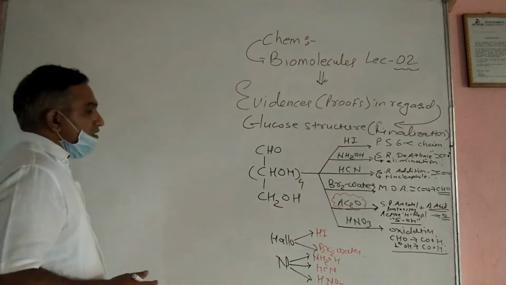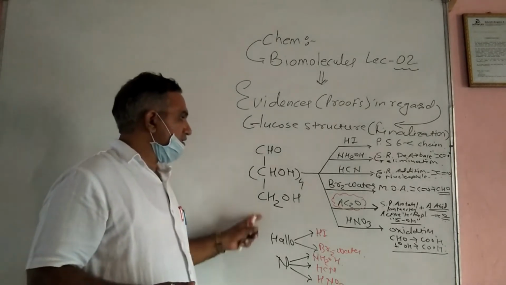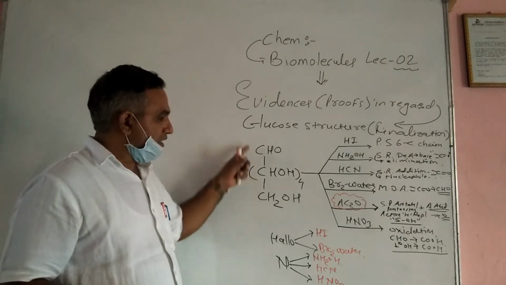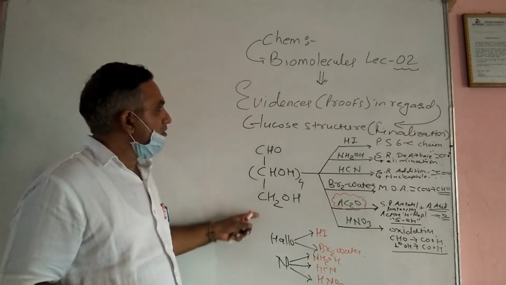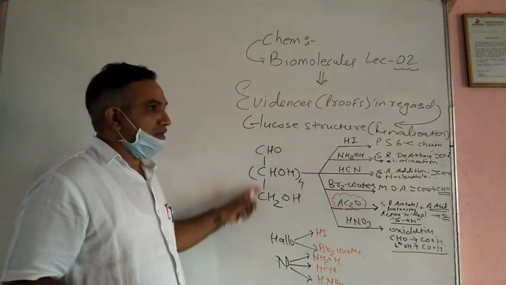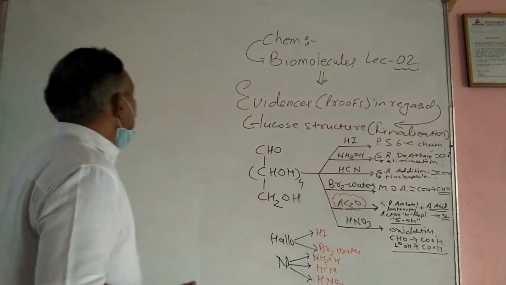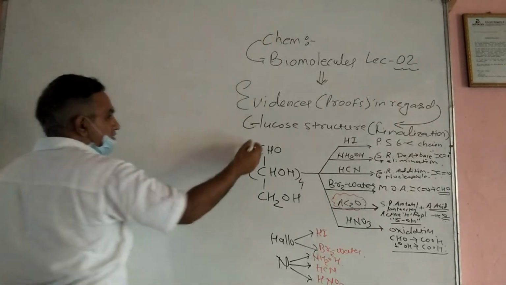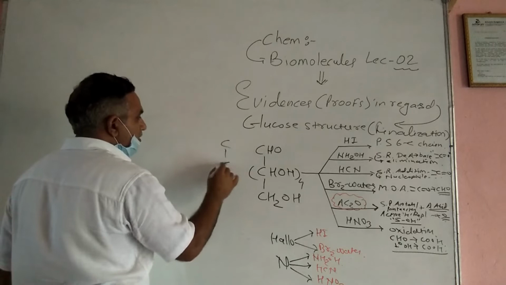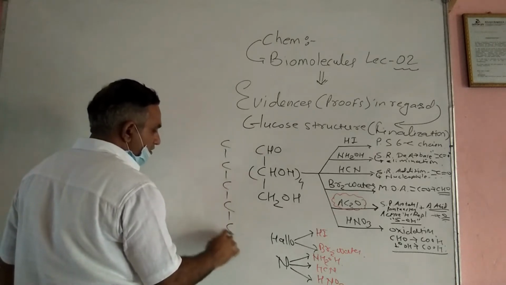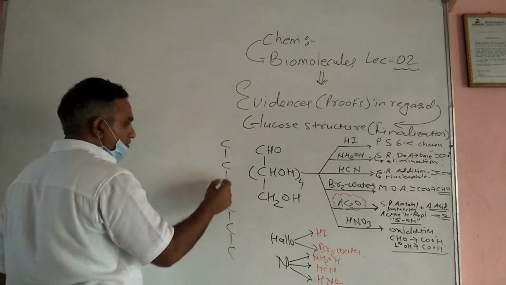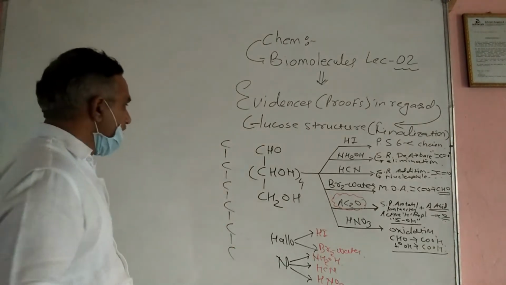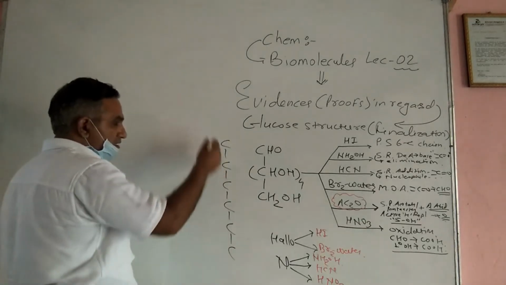So see here, the assigned glucose structure is like this. It means the glucose has a 6 carbon chain, as like this, 1 2 3 4 5 6, and this is the 6 carbon chain.